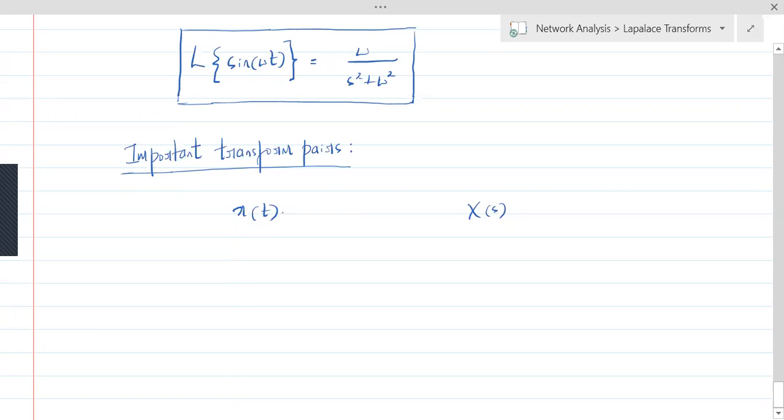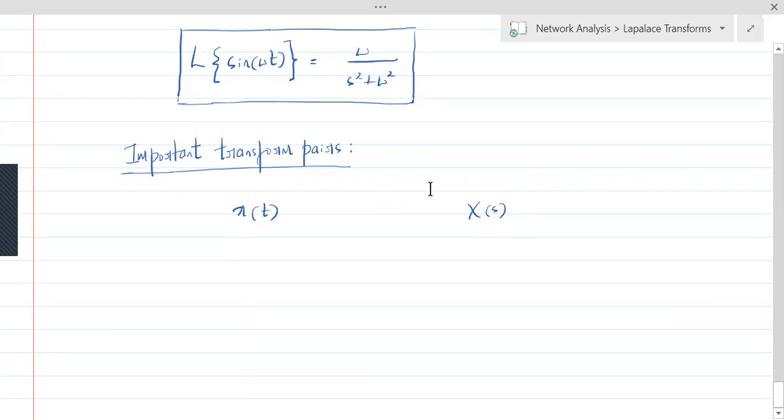Why are they called transform pairs? Because if you have x of t, apply the Laplace transform on this, you will get x of s. And if you are in the Laplace domain, apply the inverse Laplace transform on x of s, you'll get x of t. So with one given, the other can be obtained. That's why these two are called the transform pairs.